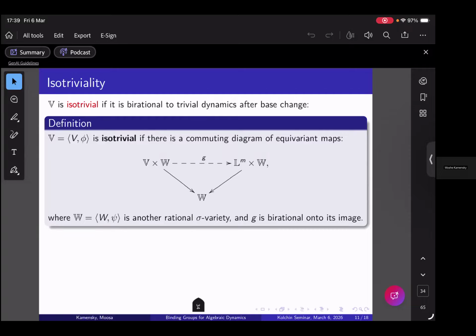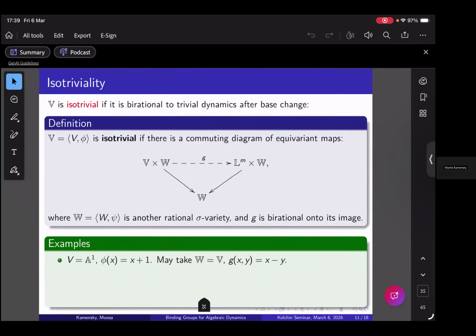But with the W, V could have non-trivial dynamics and still be interesting. So, some examples. Take A1 with phi of x equal to x plus 1, and then you take W equal to V and G the difference between x and y. This will be fixed.